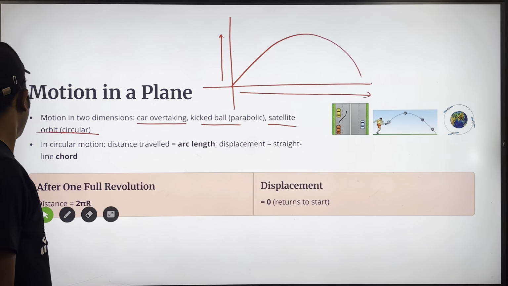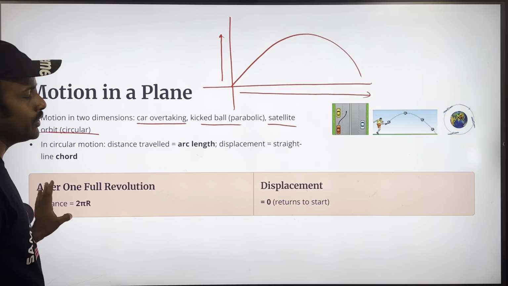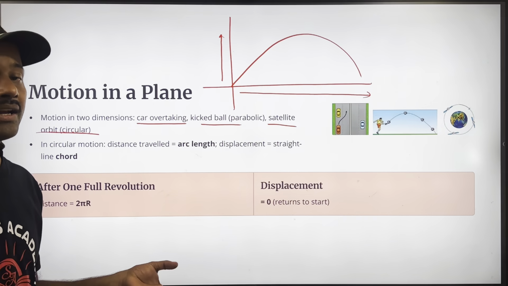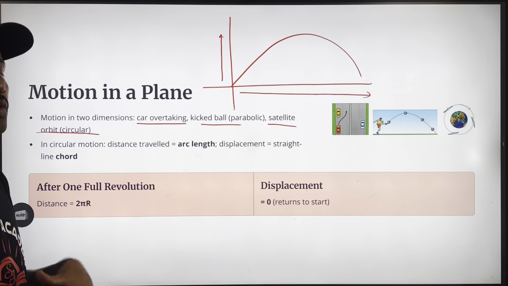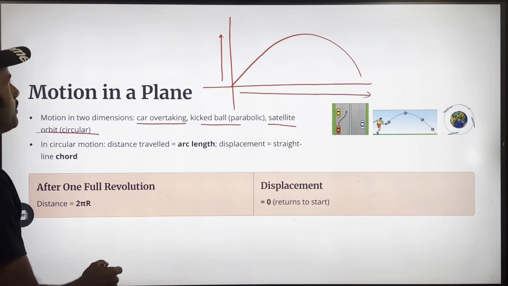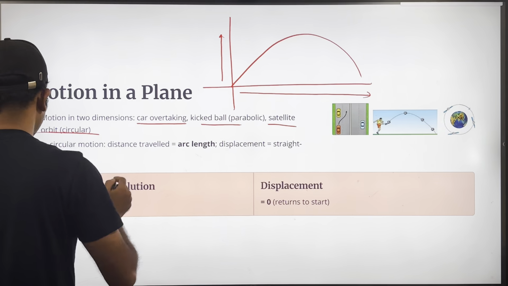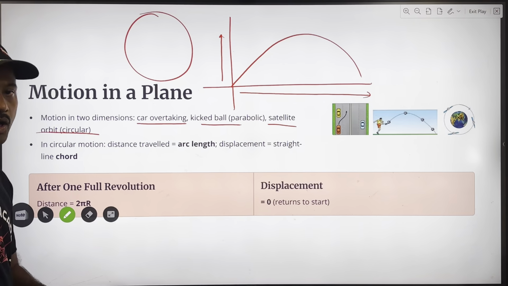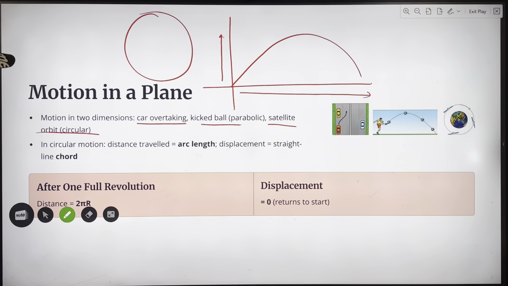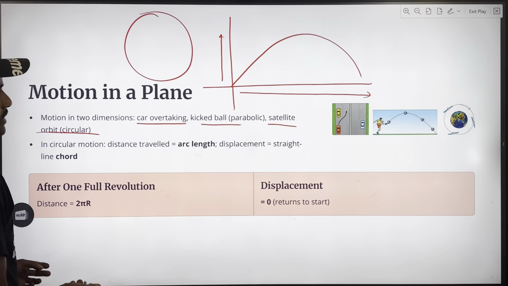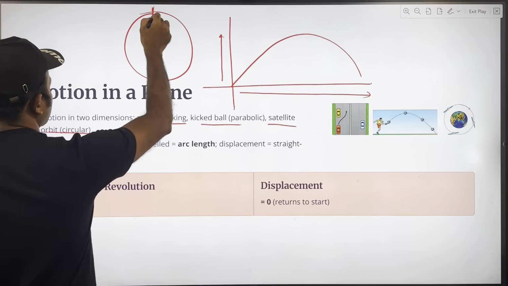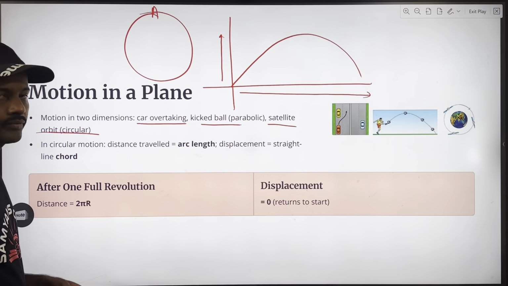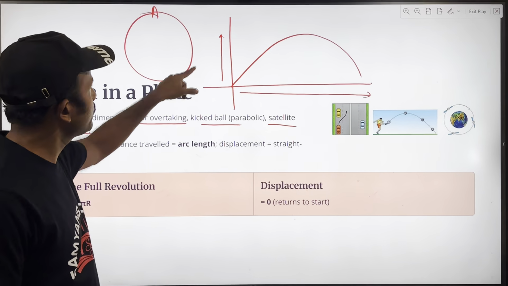So how do you find the distance and displacement while a particle is moving in a circular path? For example, a particle is moving in a circular path like this. How do you find the distance? Distance means full rotation. Suppose our particle starts from A and again reaches A. That means the particle rotates one full rotation.